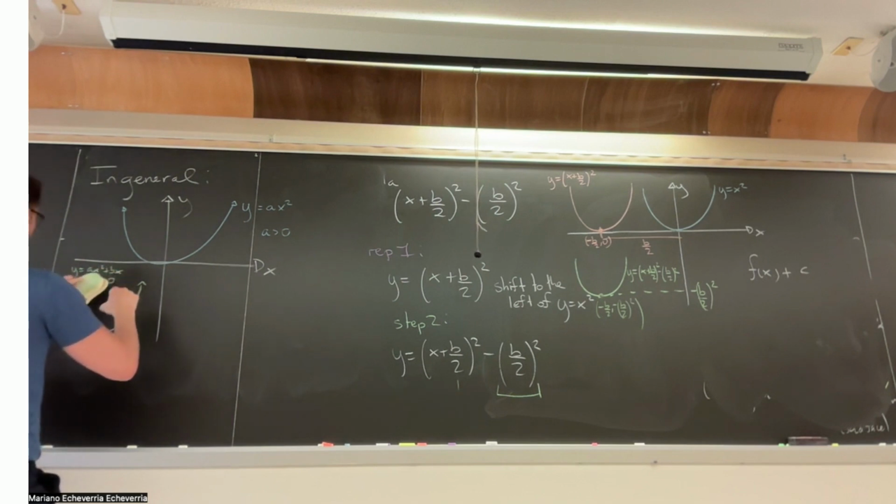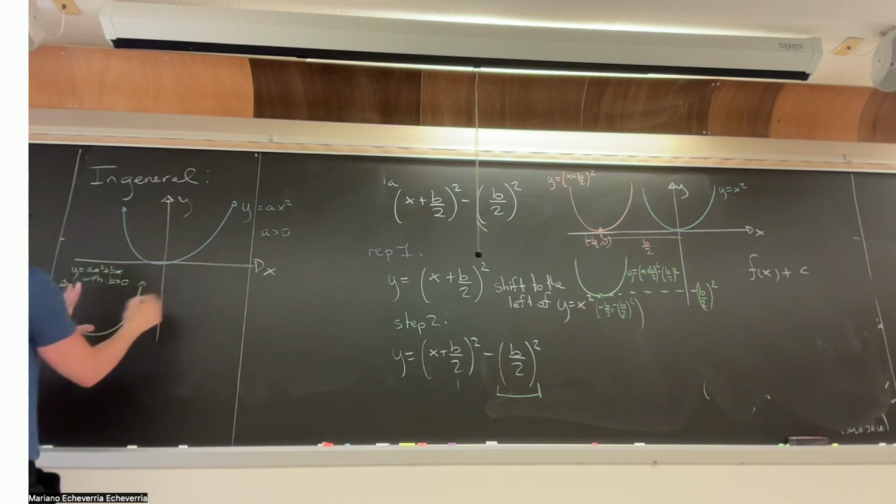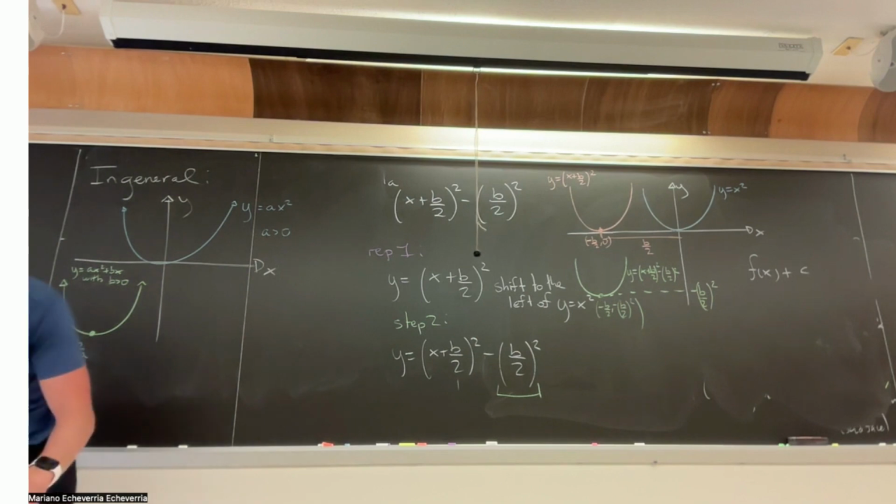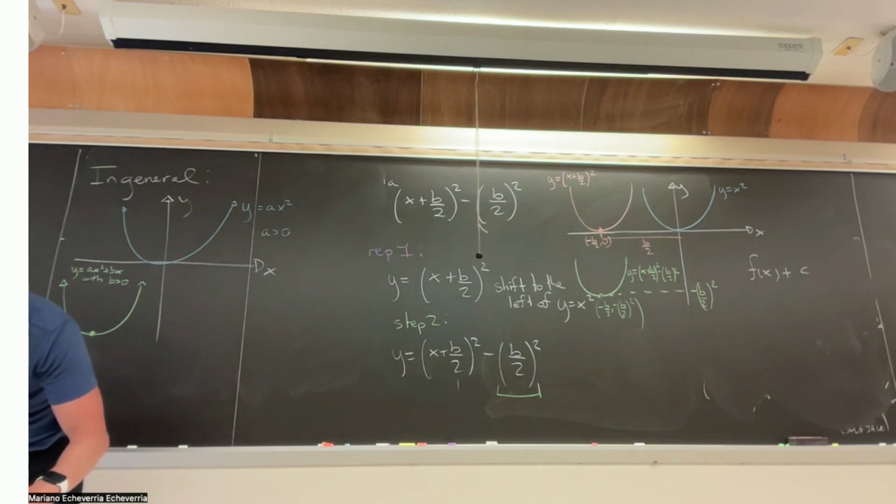Because with b positive, it's just a translation to the left, and this point ends up being minus b over 2a. And then what is the other value? Oh yeah, minus b squared over 4a.